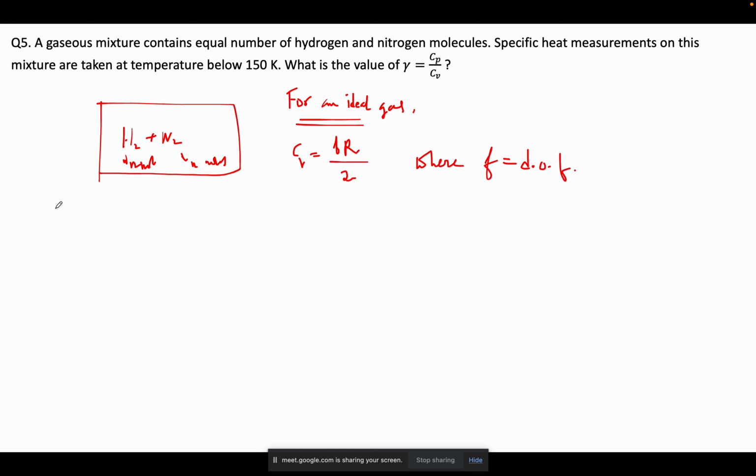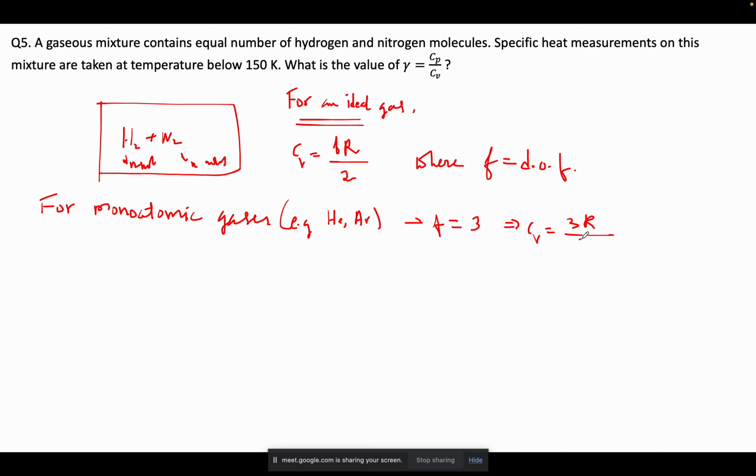So for monoatomic gases, like helium and argon, F is equal to 3. This implies CV is equal to 3R by 2.